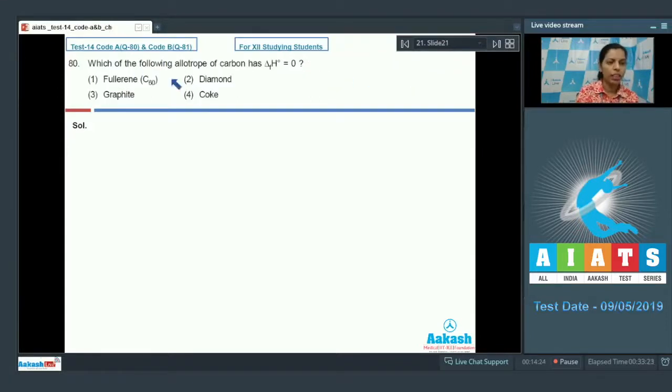After this, question number 80 is here. Which of the following allotropes of carbon has standard enthalpy of formation, delta H formation, equal to 0? You need to identify.